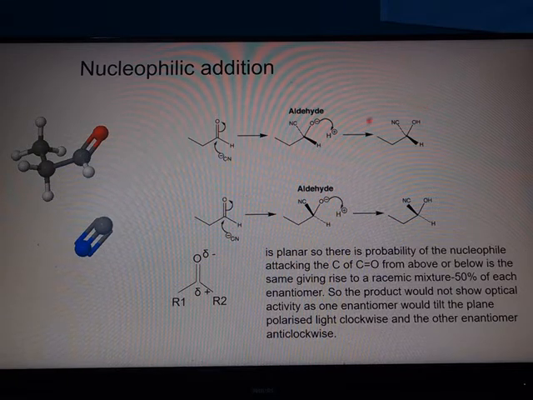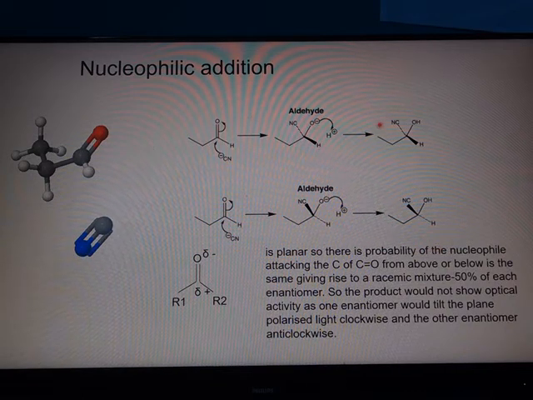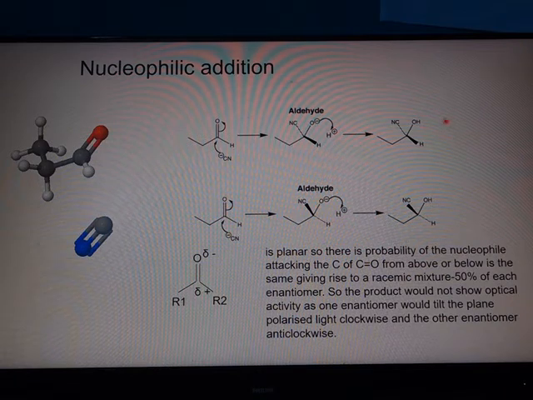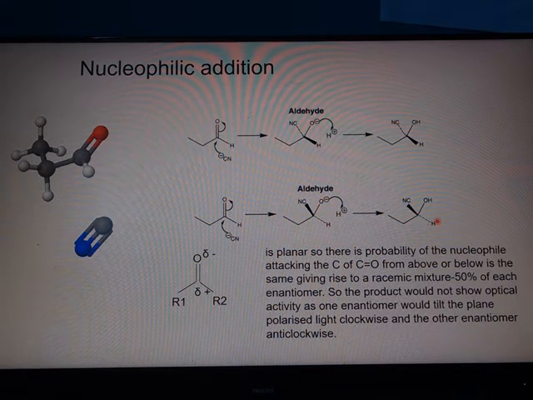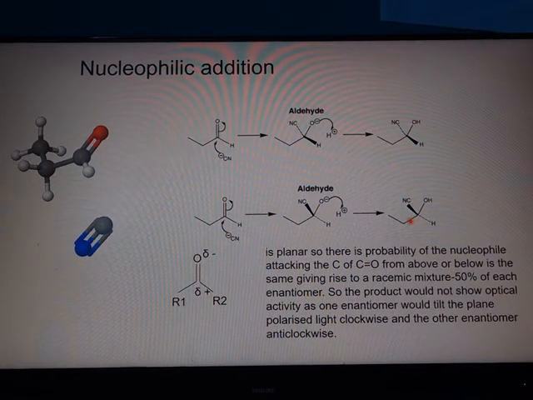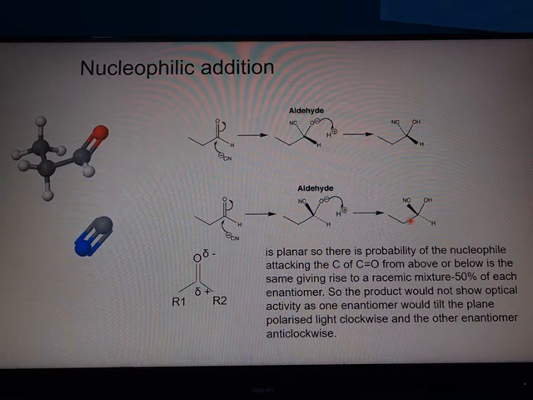And since you would have 50% of each enantiomer, that makes a racemic mixture or racemate. Then the product itself would not show optical activity, because one enantiomer would tilt the plane polarized light clockwise and the other anti-clockwise, so they would cancel each other's effect on the plane polarized light.